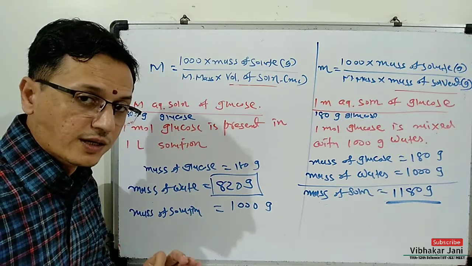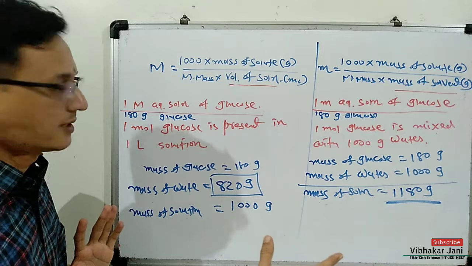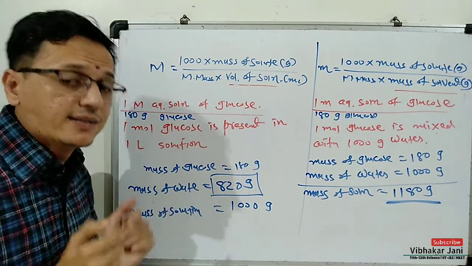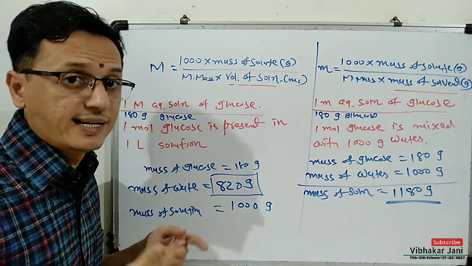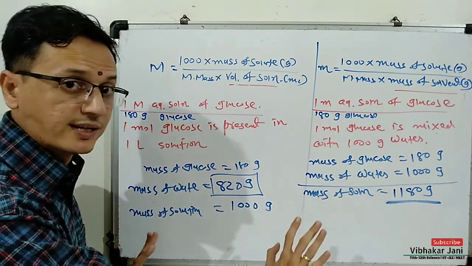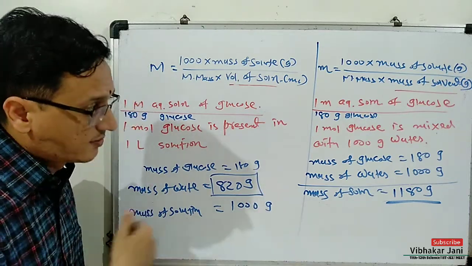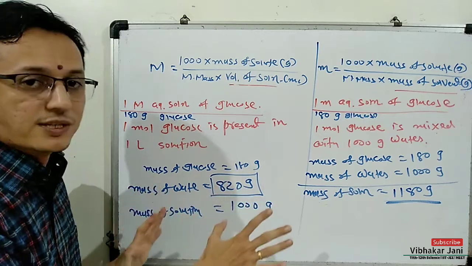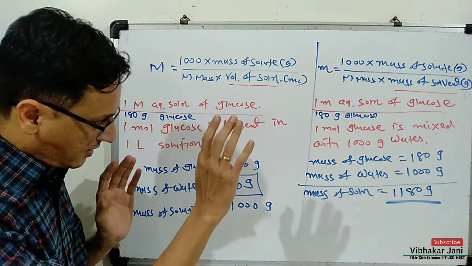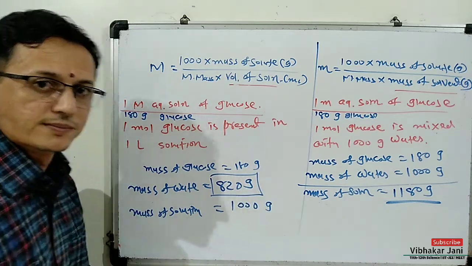First of all, just pause the video, think about both these concepts, and if any doubt, rewind this video, watch once again, and then write down both these formulas and the comparison. This is not all. We are going to discuss this further. But first let us try to understand the concept and write it down in your notebook.